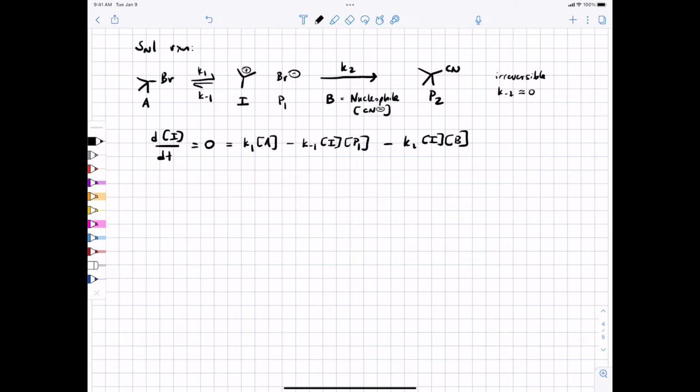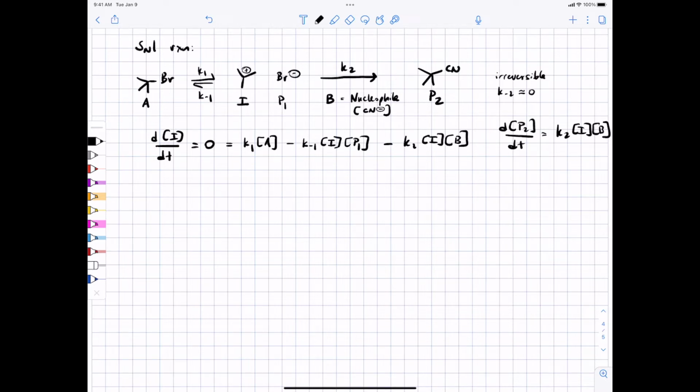Now, the overall rate of the reaction, as monitored by the appearance of product 2, is going to be equal to k2 times intermediate I times B.